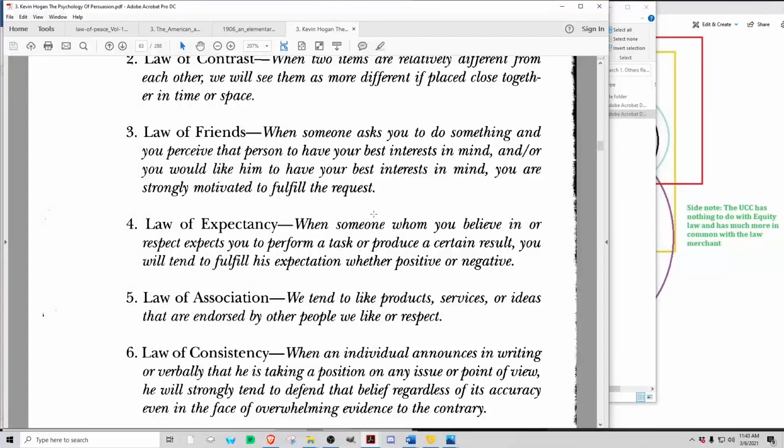Law of friends. When someone asks you to do something, you perceive that person to have your best interest in mind, and or you would like him or her to have your best interest in mind, you are strongly motivated to fulfill the request. What do attorneys use for that? Well, I'm your friend. In a lot of aspects of law, there is something called a next friend. So basically the attorney is acting as your next friend in these inferior courts.